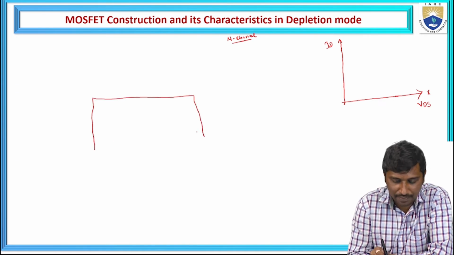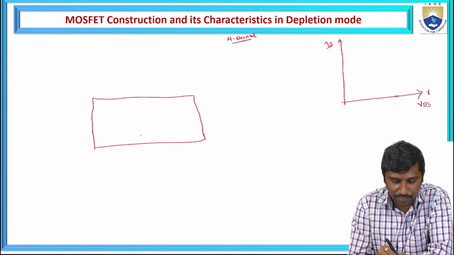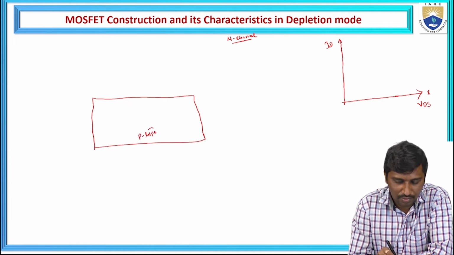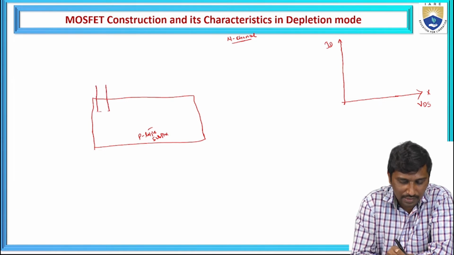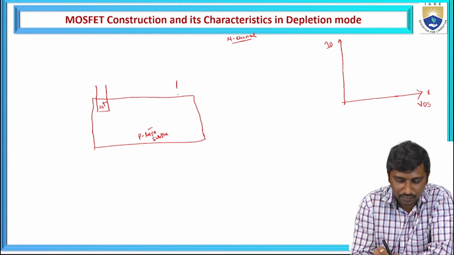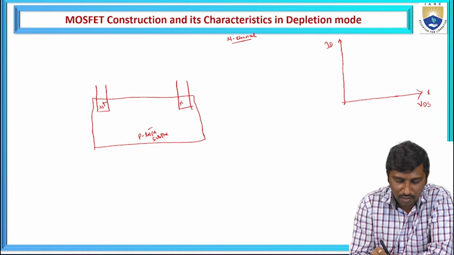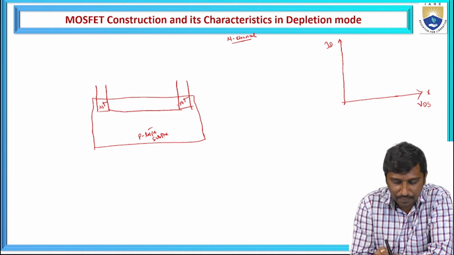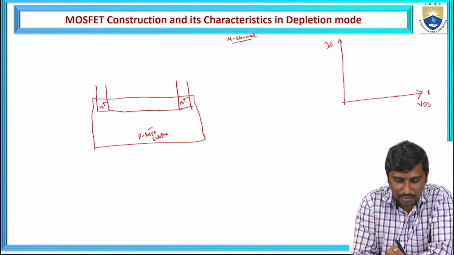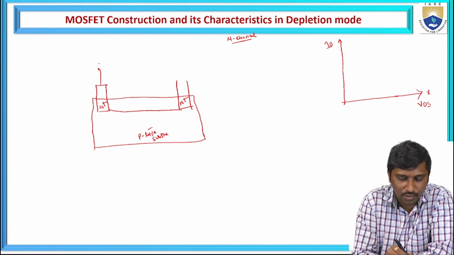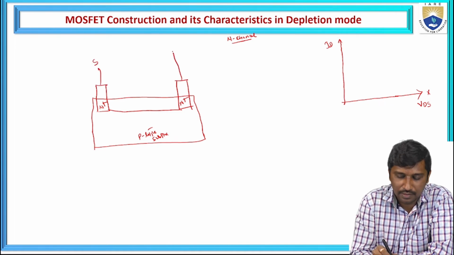If it is N channel, we need to take a P-type substrate or a P-type body, and these are N plus. Now this is the channel, and this is the source and drain.